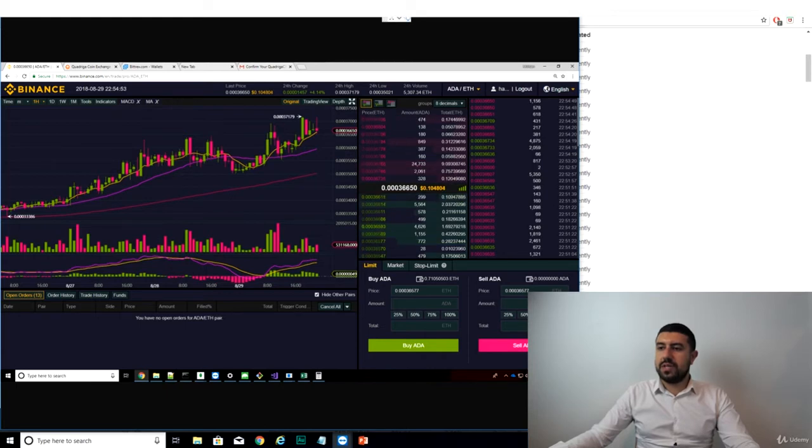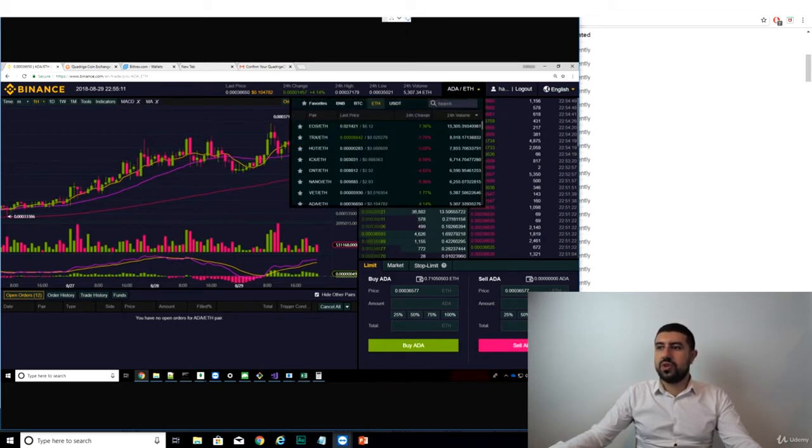So each Cardano is going to cost me 0.00036577 Ethereums, right? Now each Ethereum is about $300 or $400. It's expensive, so that's why it's such a small fraction.